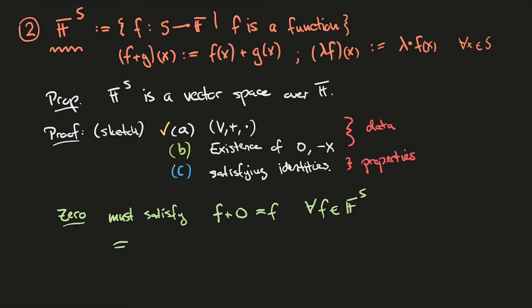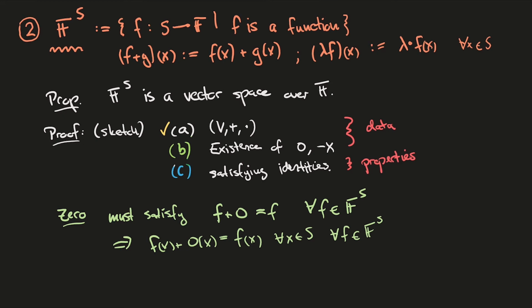So the above implies that f of x plus 0 of x needs to be equal to f of x for all x in S and for all f in Fs. We need to watch out here. This 0 of x might look a bit weird, but the 0 is not the number 0, but is actually the 0 element in Fs, and so it's a function, and so we can evaluate it at the point x.